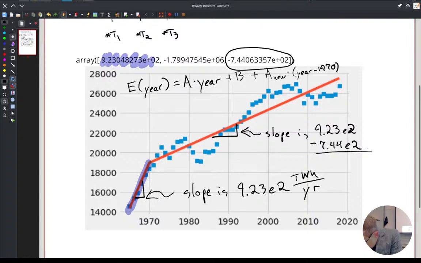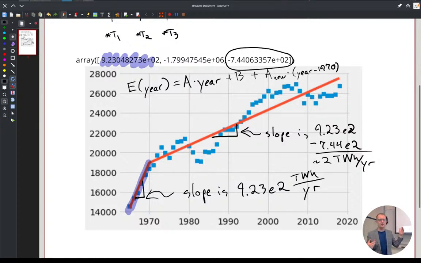So maybe 2 point something. After 1970, the rate of energy consumption dropped by 7 terawatt hours per year. So we were using less, at least based on this least squares regression.